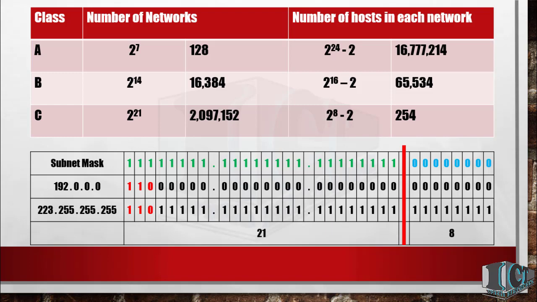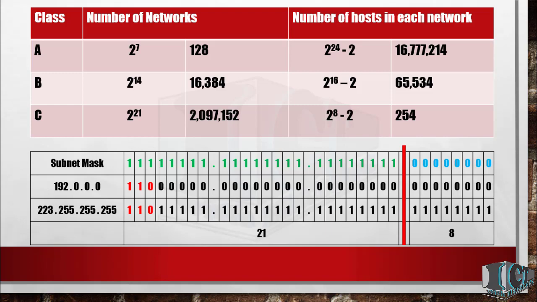So in class C, I have 21 bits for the network and 8 bits for the host. So I can create 2,097,152 different networks and 254 users for each of these networks.